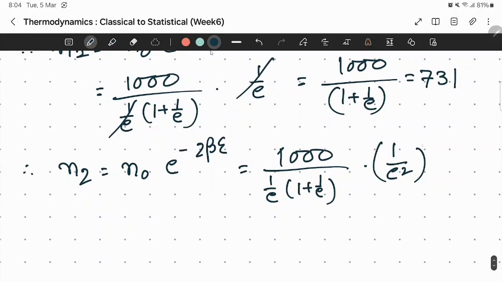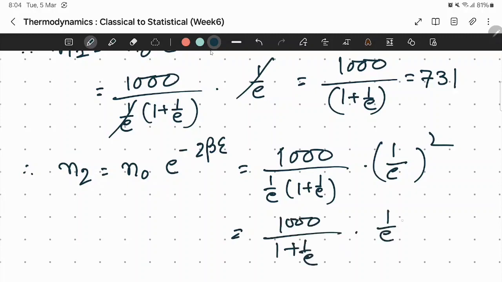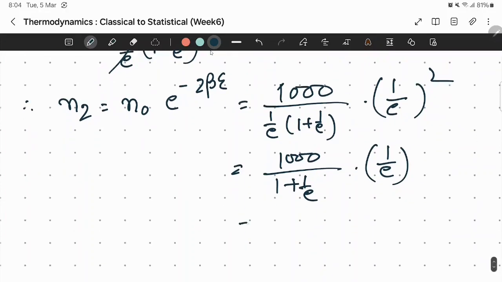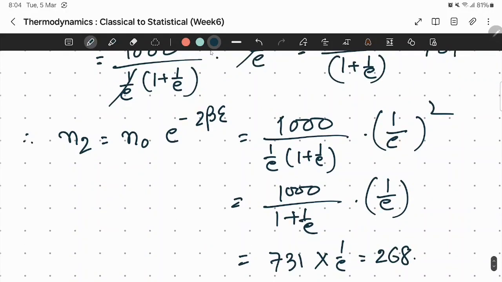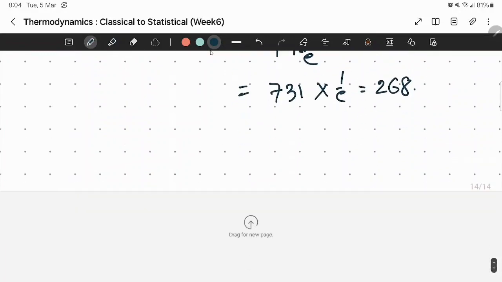So this is 731 into 1 by e. So it is 268. It should be, no? Because if the energy level increases, then that population should decrease.